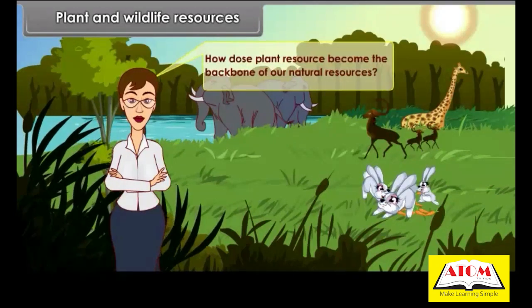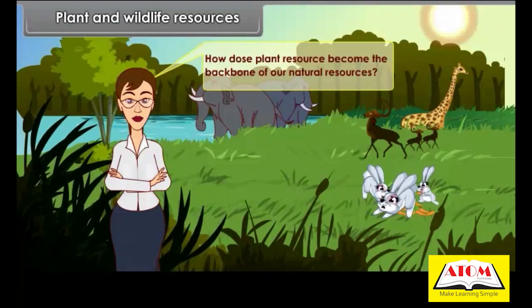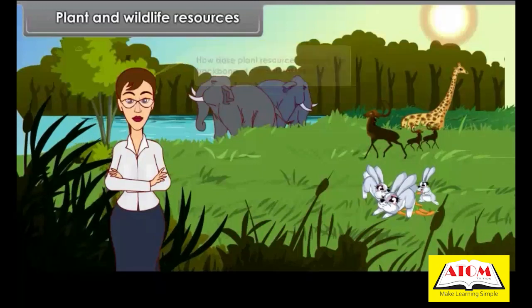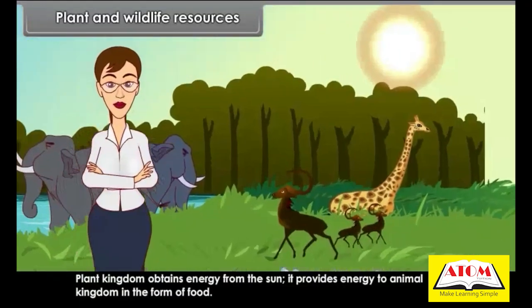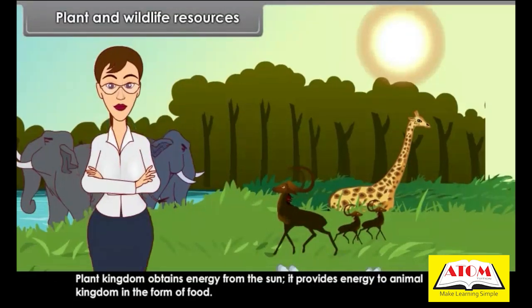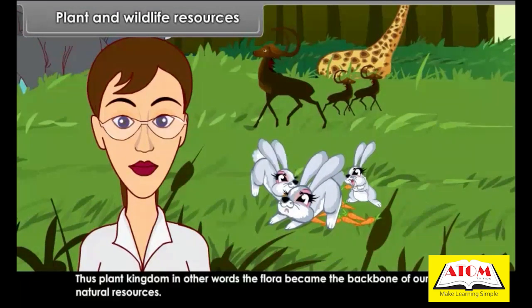How does plant resource become the backbone of our natural resources? The plant kingdom obtains energy from the sun. It provides energy to the animal kingdom in the form of food. Thus, the plant kingdom, in other words the flora, became the backbone of our natural resources.